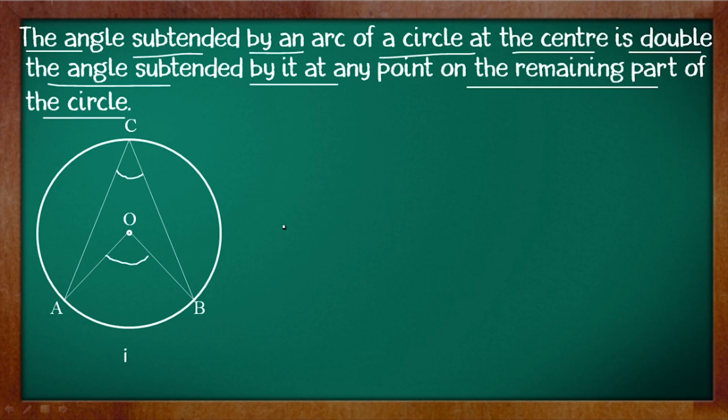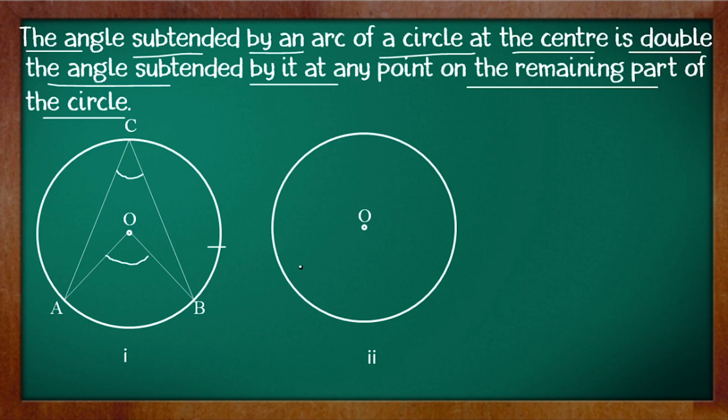Okay, but this will not be the only diagram that we get. We can choose this point C anywhere on the remaining part of the circle. So if we choose this point somewhere here, we'll get a diagram somewhat like this. This is the point C, this is the angle at the center and this is the angle at the circumference.